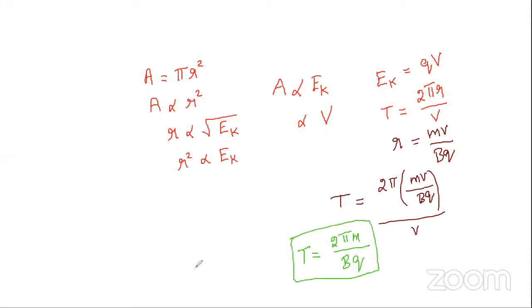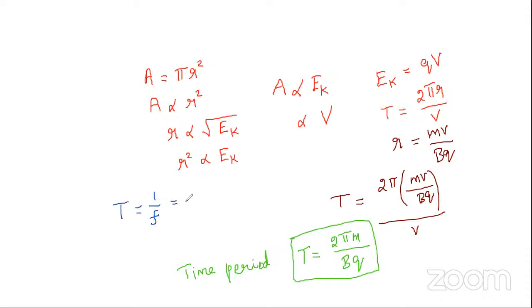This is the time period of revolution of that charged particle. When you want to find out the frequency using the time period, the relation is T equal to 1 by f.